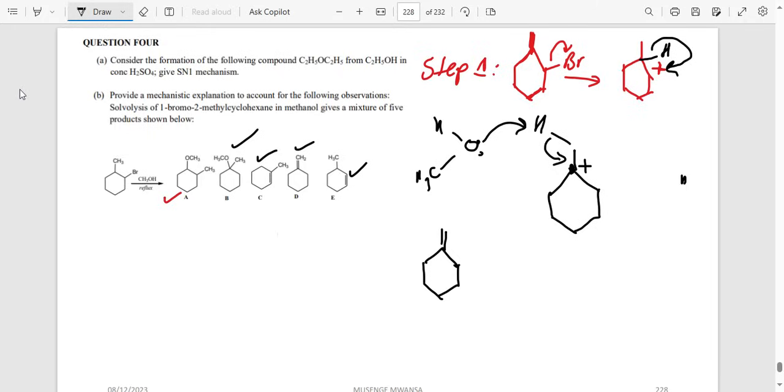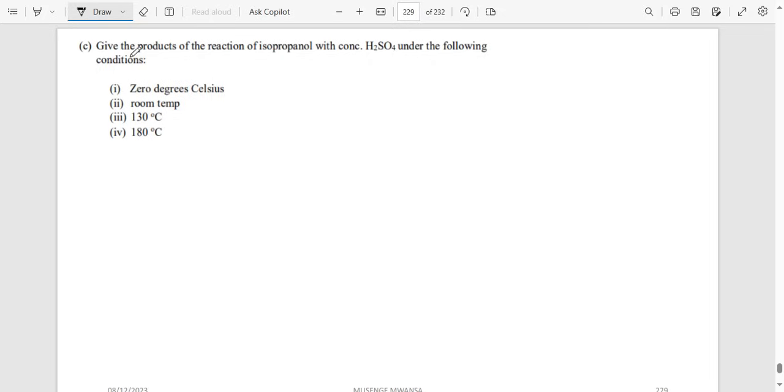We are almost there. Give the products of the reactions of isopropanol with concentrated sulfuric acid under the following conditions. So what we're having is isopropanol. Isopropanol is like this. So please, we need to know nomenclature. It's like that. And we are reacting this with sulfuric acid at different temperatures.